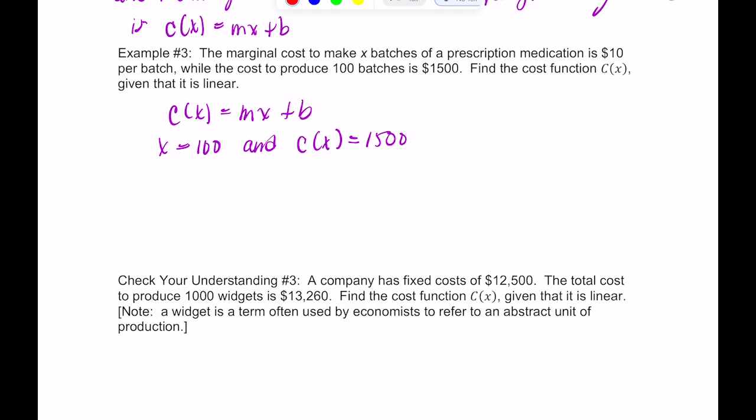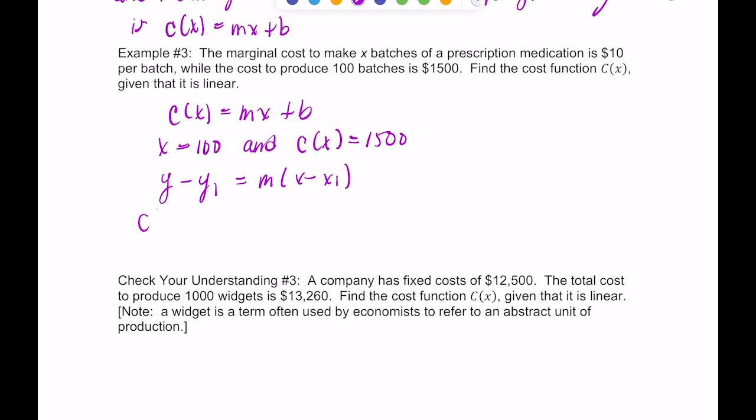So I can use my point-slope formula because I have a point and a slope. I've got my slope, and then I have a point right here. If you remember, the point-slope formula goes y minus y1 equals m times x minus x1.